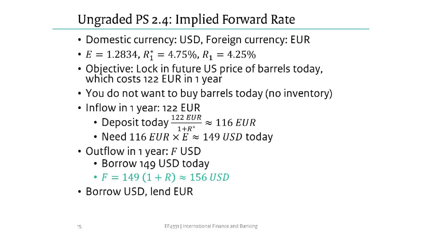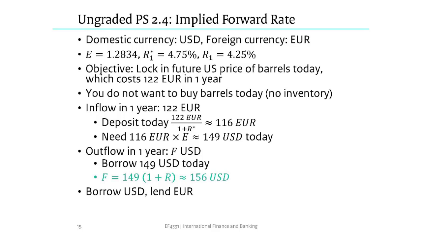Just based on this backwards thinking, we've already outlined a strategy to synthetically create a forward contract. Let me now go from the beginning to the end rather than from the end to the beginning. From the beginning, we borrow 149 US dollars today, and we promise to pay 149 times 1 plus R, or $156, 1 year from now. So there is a known outflow of currency in the future.